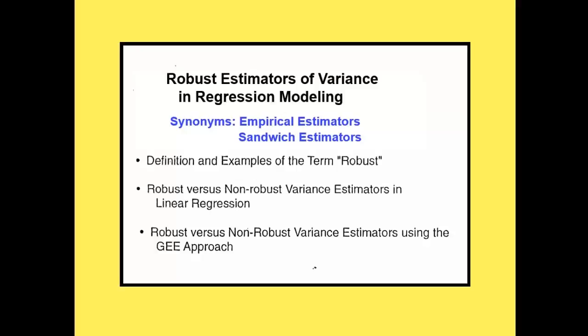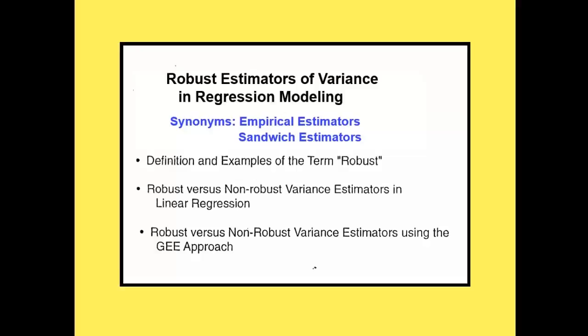In GENMOD, and I don't think I explicitly said that, you automatically get the empirical. That's what automatically comes out when you run a GENMOD procedure. So if you want to see what the model-based standard error would be, you have to write something in there that says model-based.